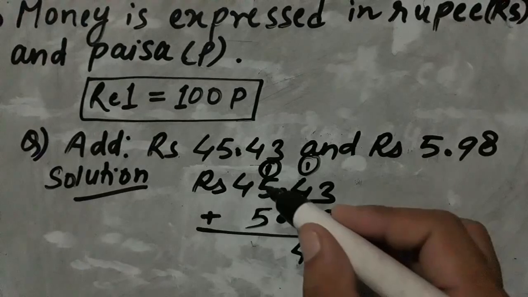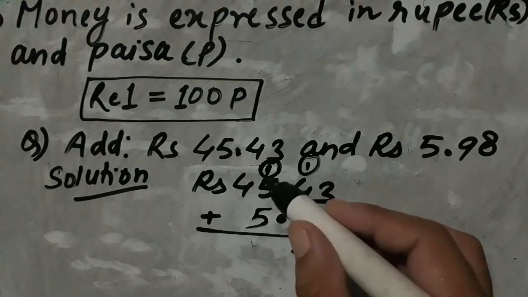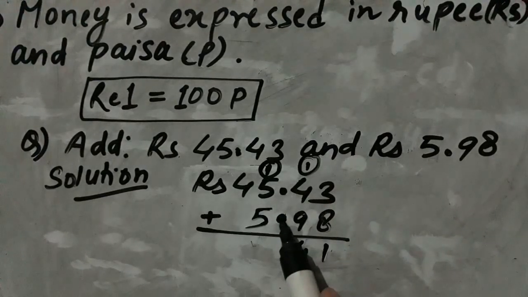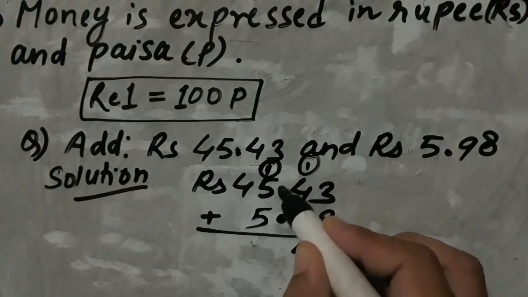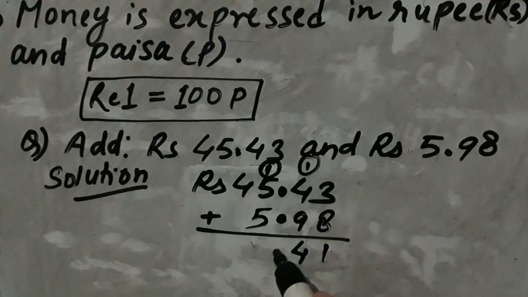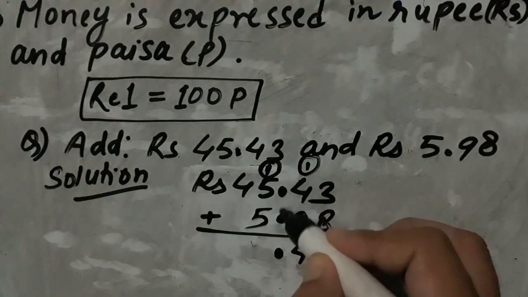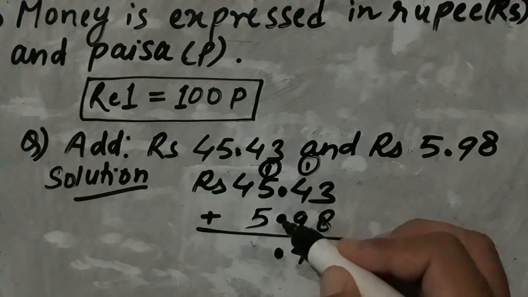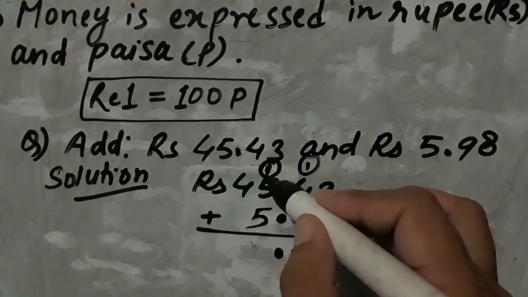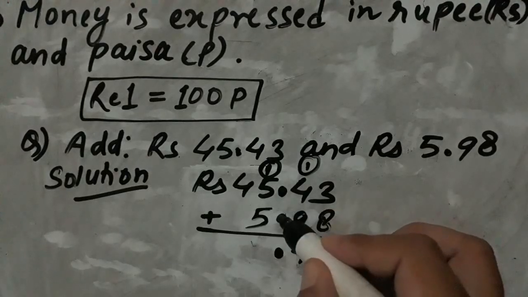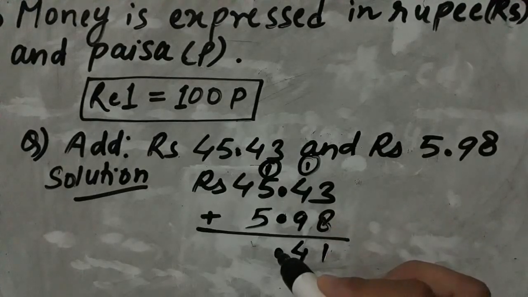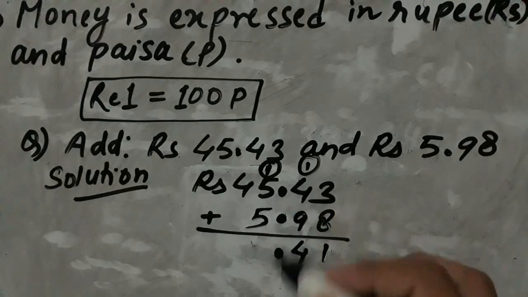But students, while solving the portion before decimal, we need to adjust. We need to put the decimal in the answer just below the above one. Before solving the portion before the decimal, we should place the decimal in the answer straight below as well.